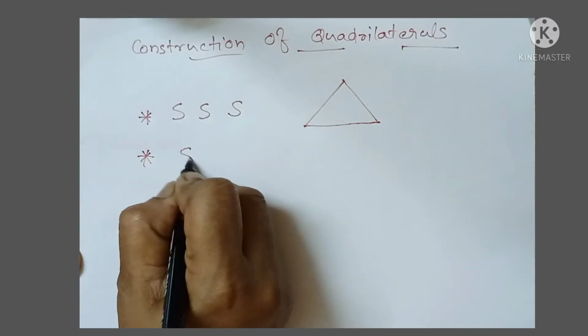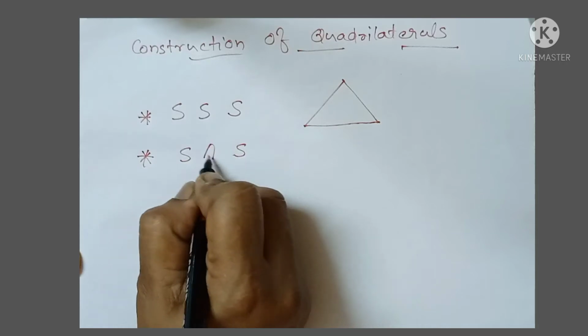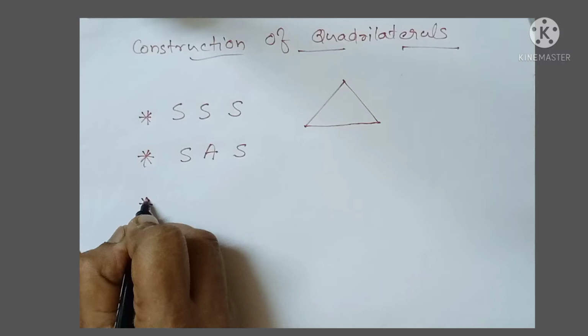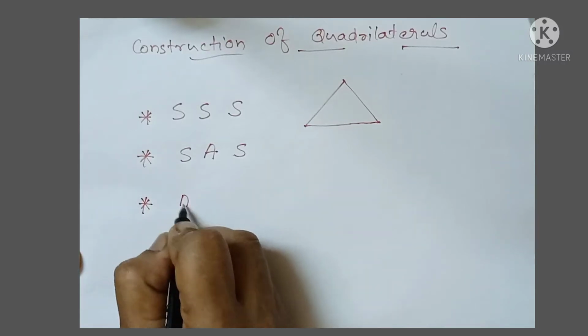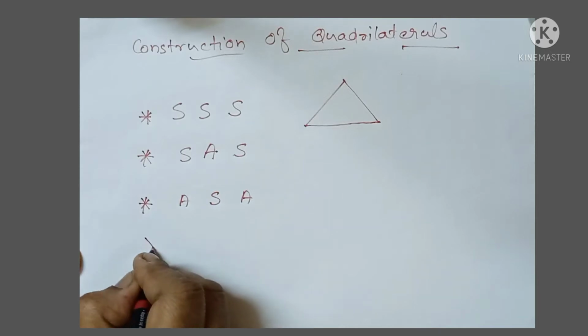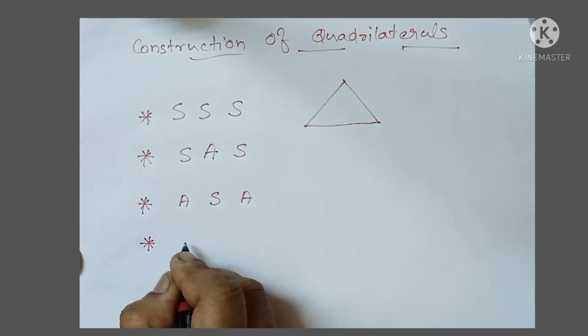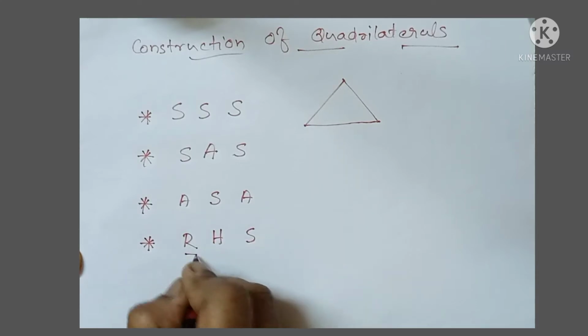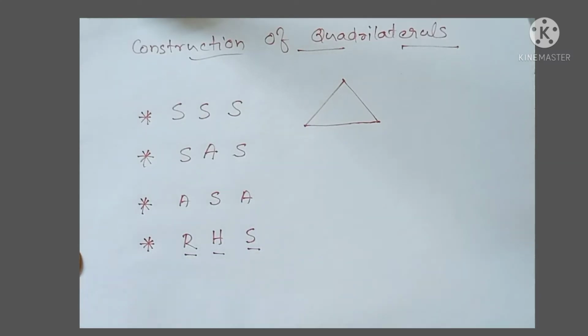Or if two sides and one included angle are also given, we can construct a triangle, and two angles and the included side. And if it is a right angle, that means a right angle, hypotenuse and any one side is given, we can construct a triangle.